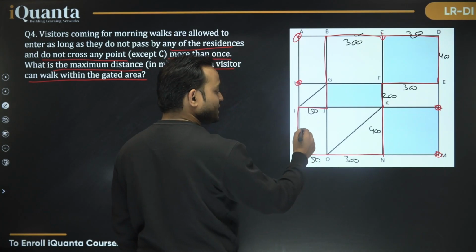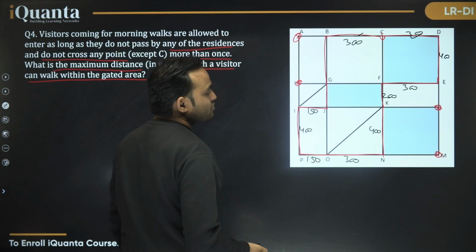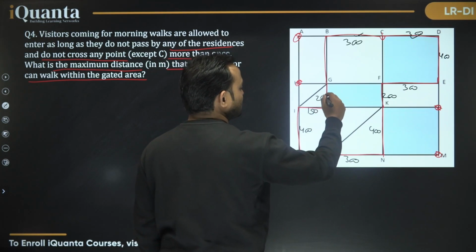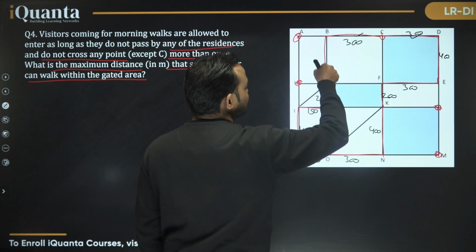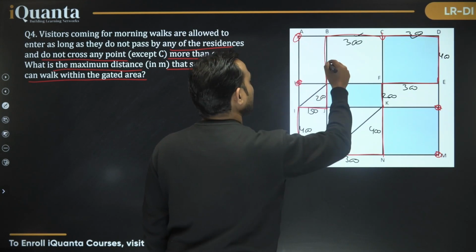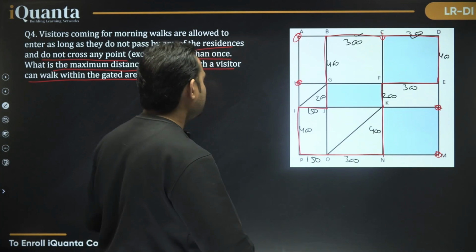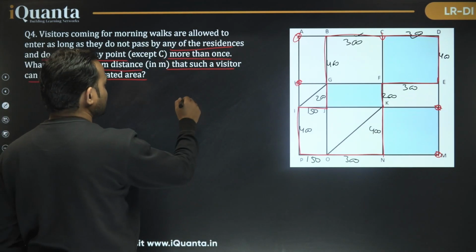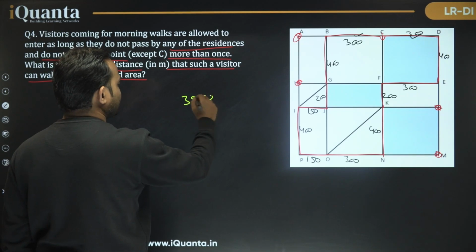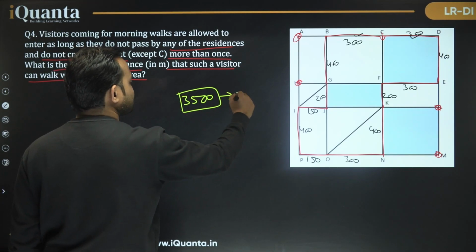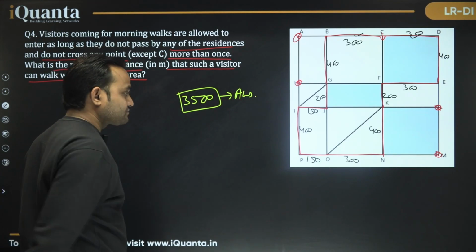So 2200 plus 400, 2600. This is again 200. So 2800. This is 400. So 3200 and this one 3500. So the total distance which is covered is 3500 maximum, and that is our answer.